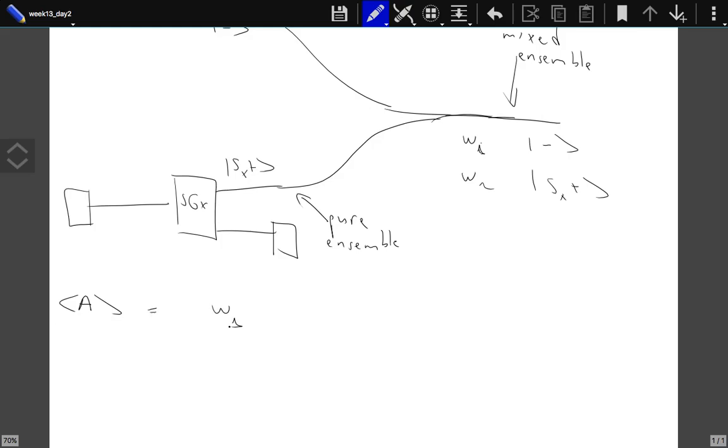Omega 1 fraction of my particles will be in the minus kets, so when I make measurements on these, my average will be the expectation value of A in the minus state. And then omega 2 of them will be in the Sx plus. So if I measure this quantity A in this mixed ensemble, this will be my average.